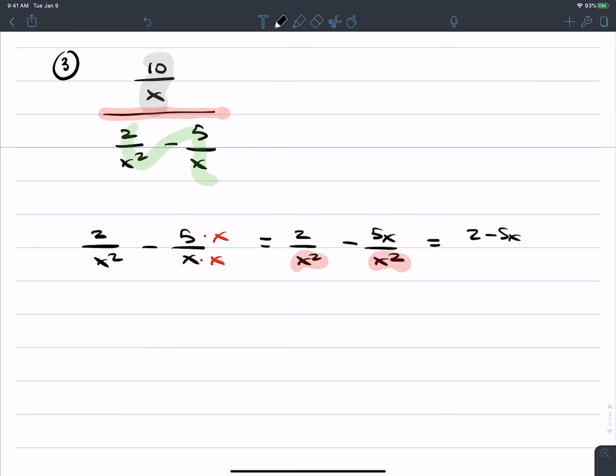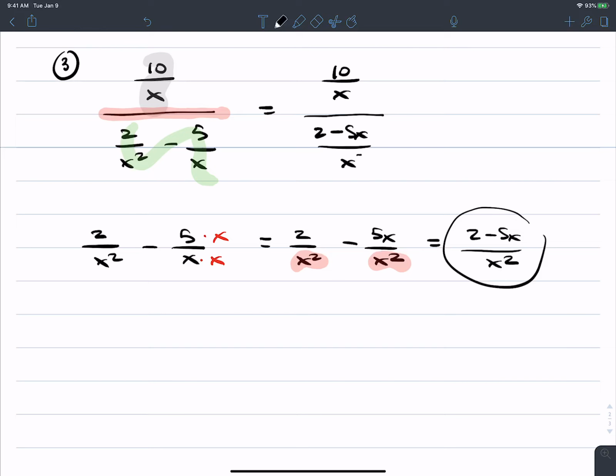Two minus 5x over x squared, I just simply subtract. So this is the fraction that's in my denominator. So 10 over x is going to be divided by 2 minus 5x over x squared.